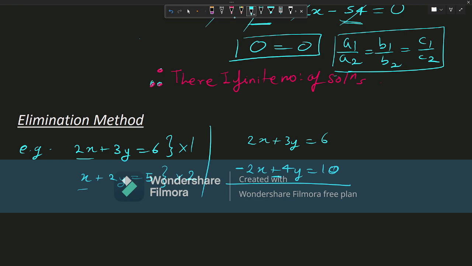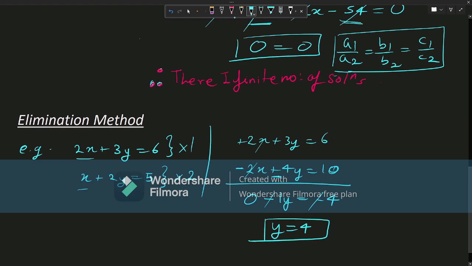Since this is plus and this is minus, they will cancel each other, so this answer will be 0. Here also plus and minus, so minus 4y is bigger, the sign will be minus, and it will be minus 1y, and because it is subtraction, minus 4. Now we cancel the minus sign, and we get the value of y, that is 4.